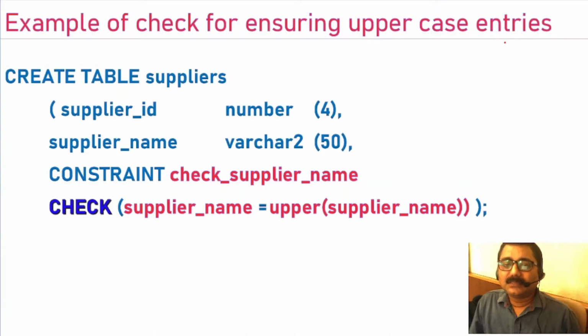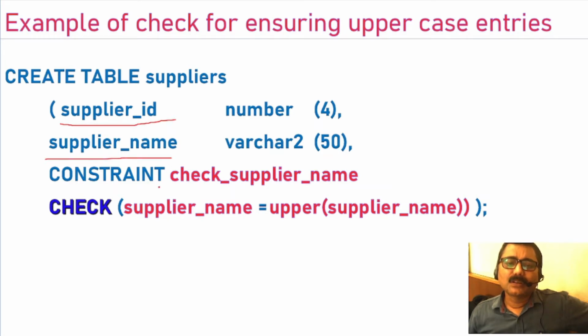Then this is another very good example which we can use with the help of check constraints. Sometimes we prefer that a name should be in uppercase, or in many entries we try to enforce something. Here we have a table called suppliers. It has a first column supplier ID and a second column supplier name, but we want that the name should always be in uppercase.